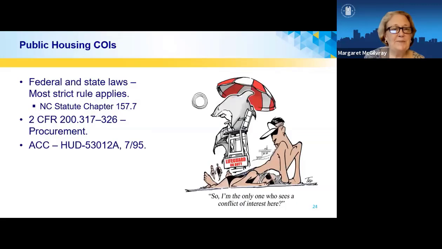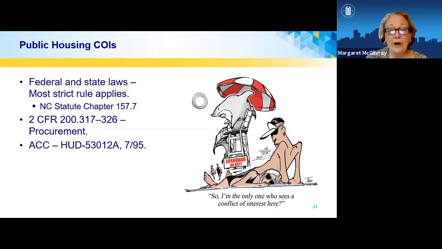Next, great. So this is just a good general reference slide. We go into some of these conflicts of interest in much more detail in our procurement section, but we also go into them in light detail in this next section. But this is a good reference as to where the key public housing conflict of interest requirements or regulations are held.